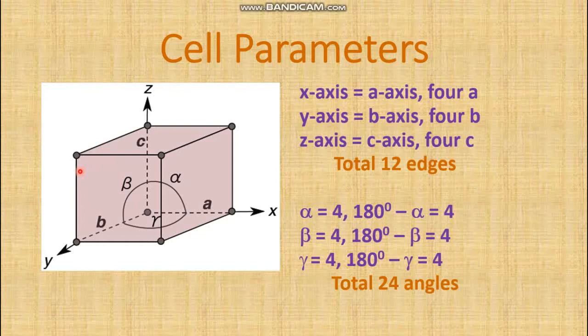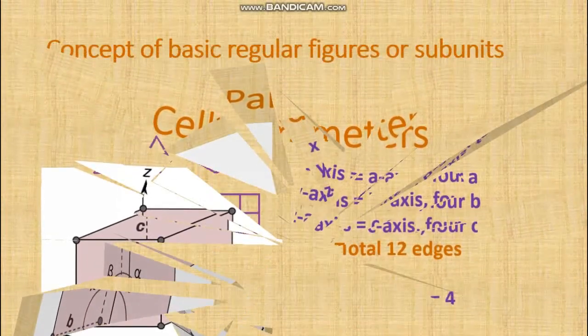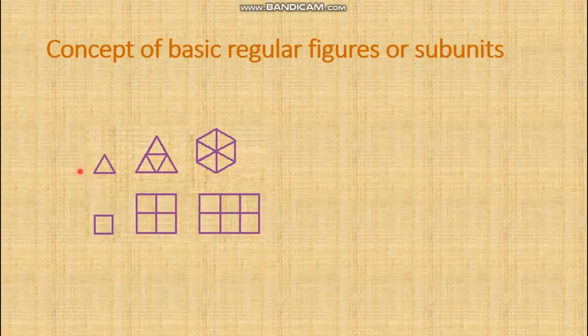Now according to these cell parameters, there are total 7 crystal systems. But before 7 crystal systems, we should have the idea about the basic regular figures or the subunits. Okay, see what is here. Suppose this is a triangle, and with this triangle you can make these 2 structures also. Okay, this structure does not have any similarity with this structure, but the basic unit is the triangle.